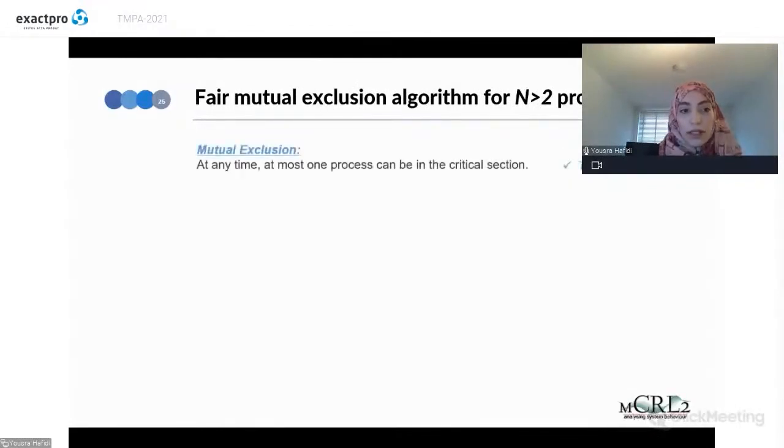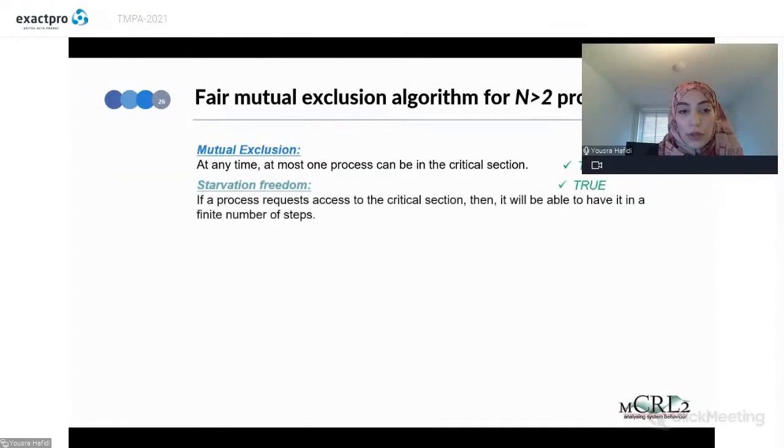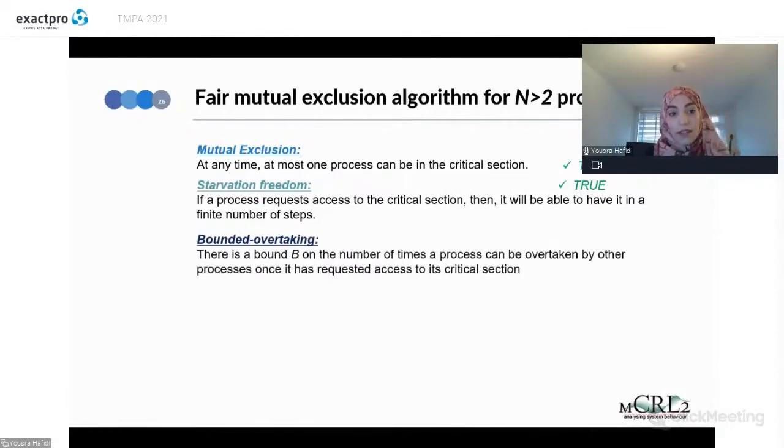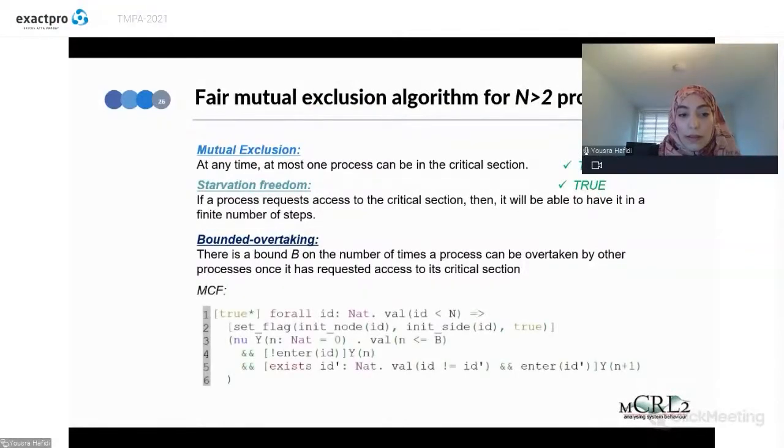So we verified the same properties for this version also to be sure that the algorithm that we proposed is correct. We verified mutual exclusion, and also in this version, starvation freedom is satisfied. So now we have another interesting property that we can verify, which is bounded overtaking.